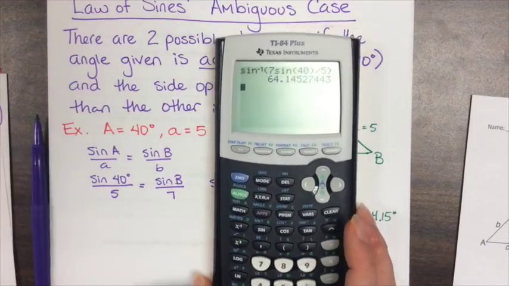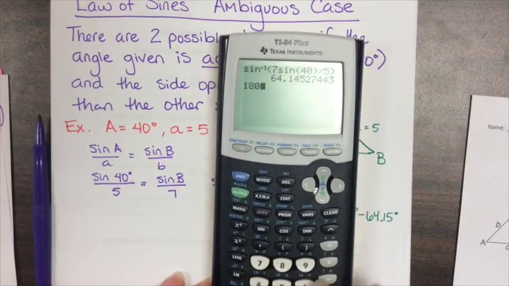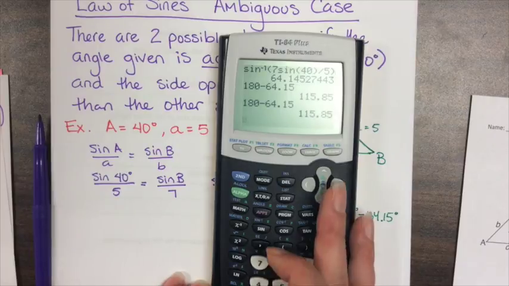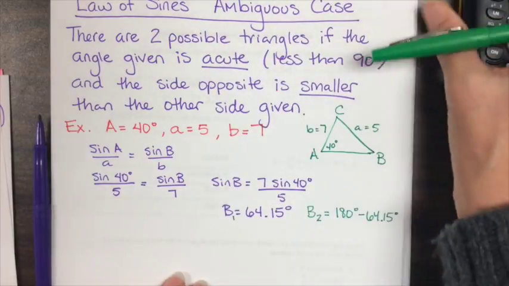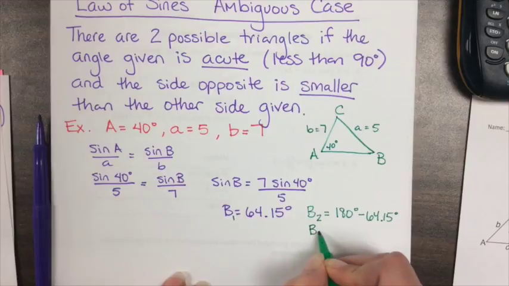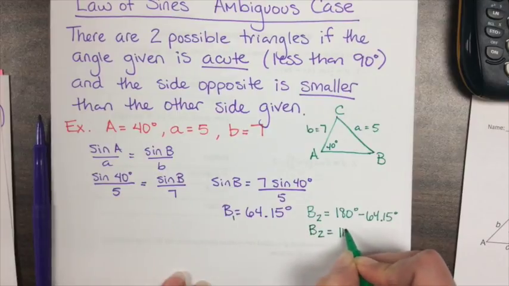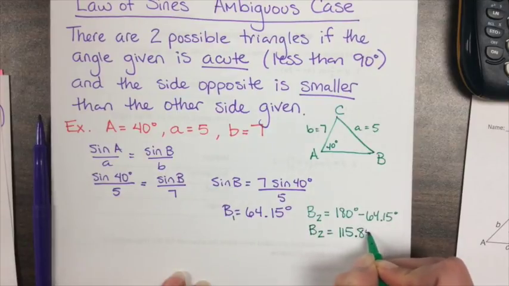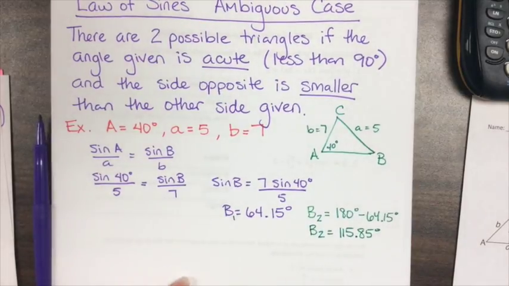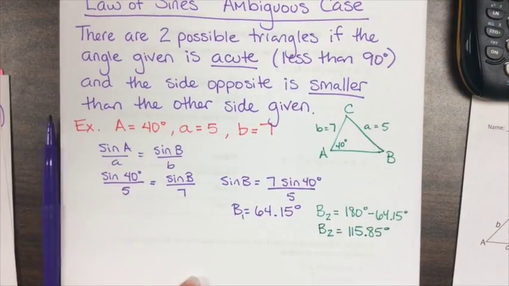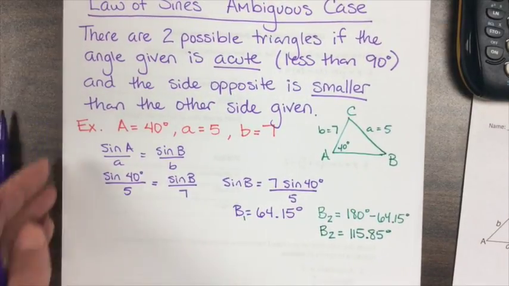So 180 minus 64.15, and we get 115.85. So option 2 is 115.85 degrees.